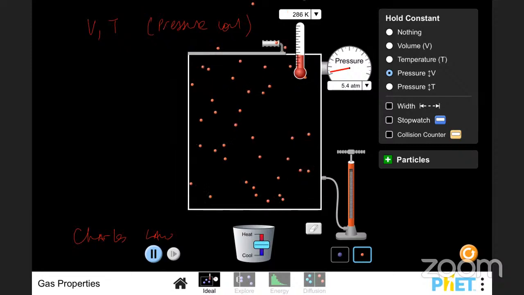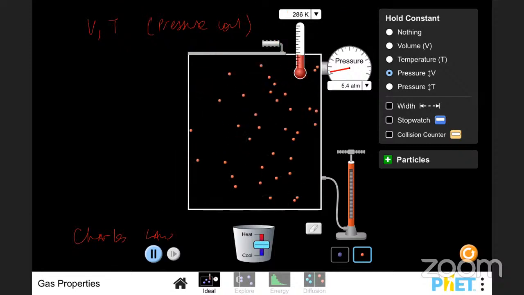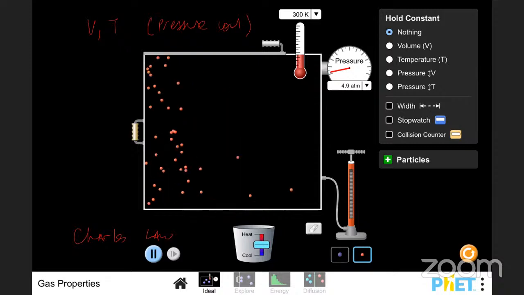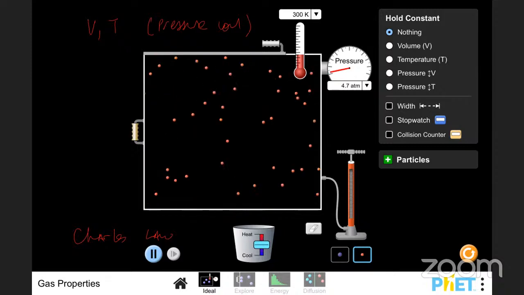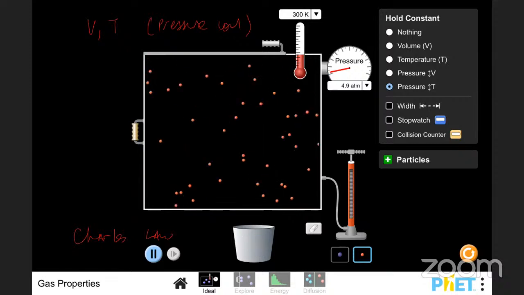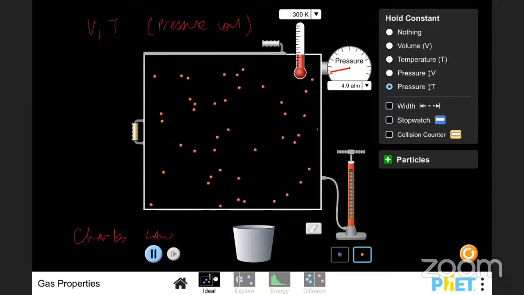All right, let me change that. I can't do that. Let's put in some red. Let's keep pressure, but change temperature then. I can't change temperature.